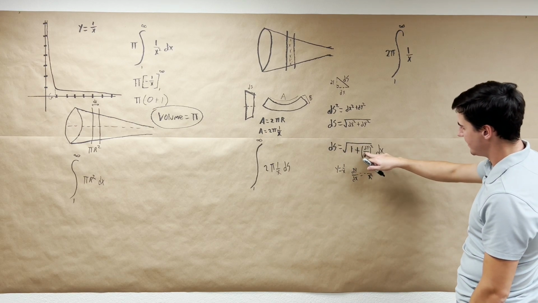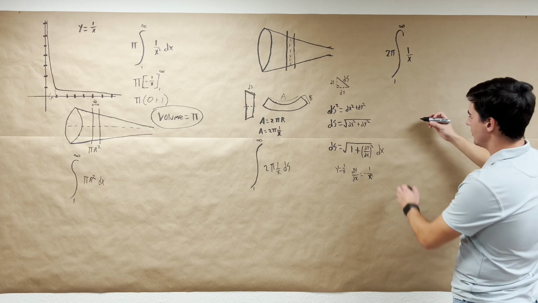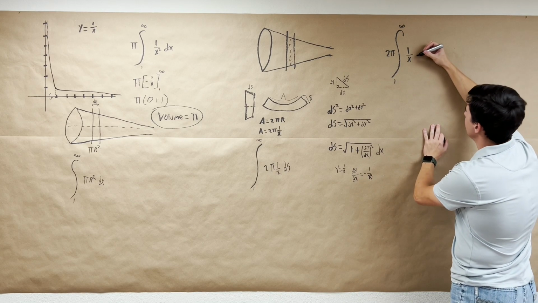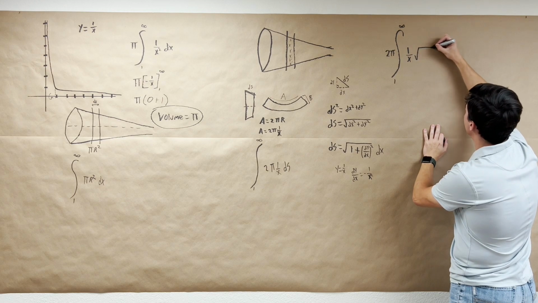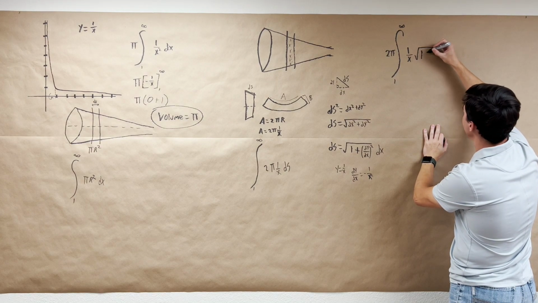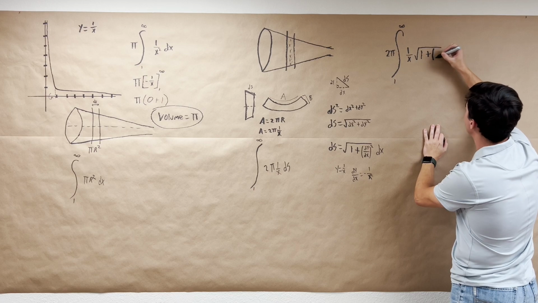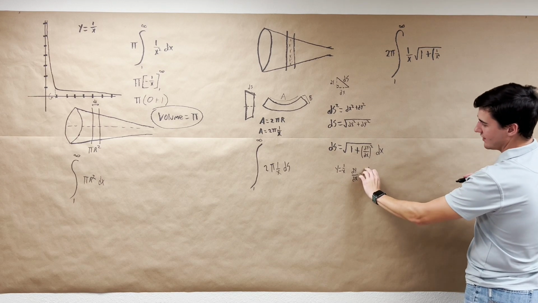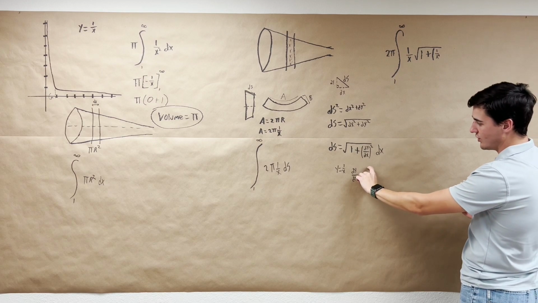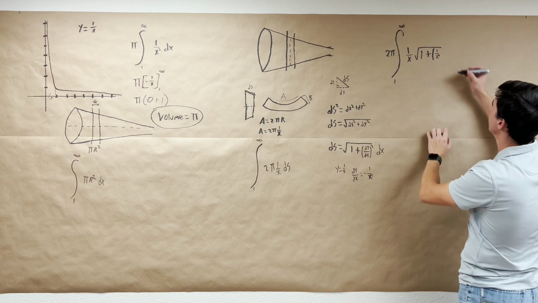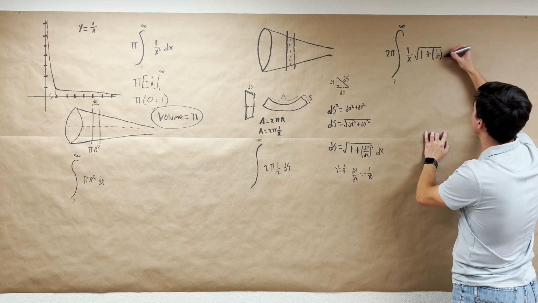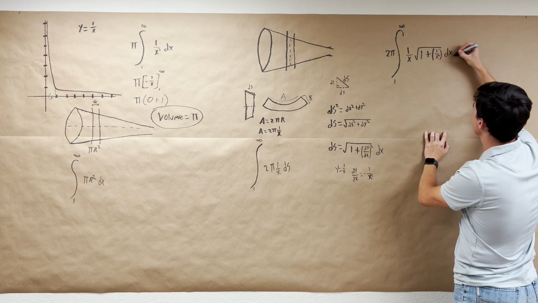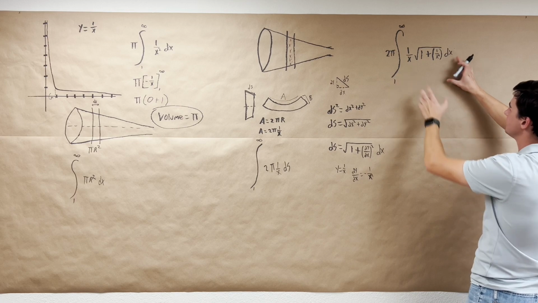We're going to plug this in for dy dx here. So we're going to get the square root of 1 plus 1 over x to the 4th, because we had this square, so we're going to square negative 1 over x squared, and we get 1 over x to the 4th, dx. So this is what we need here.